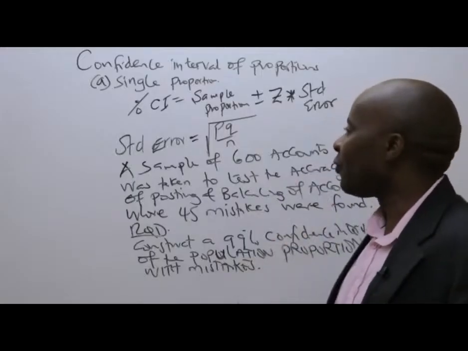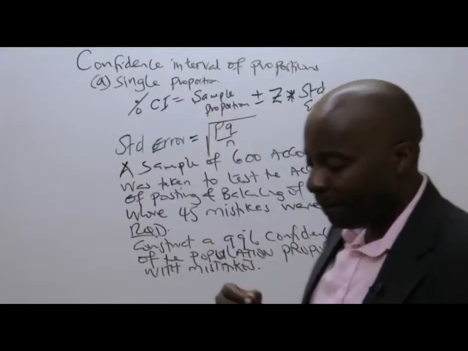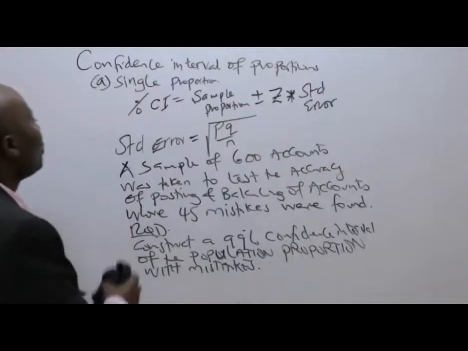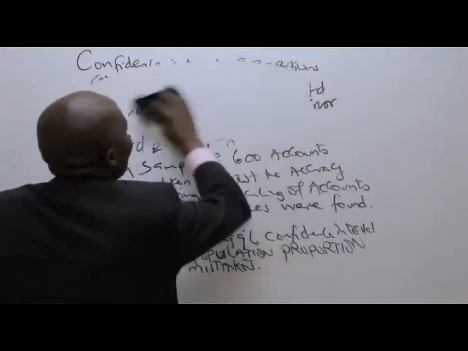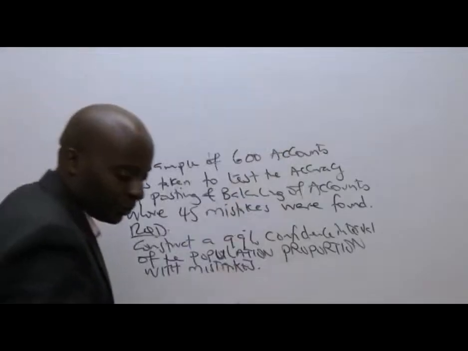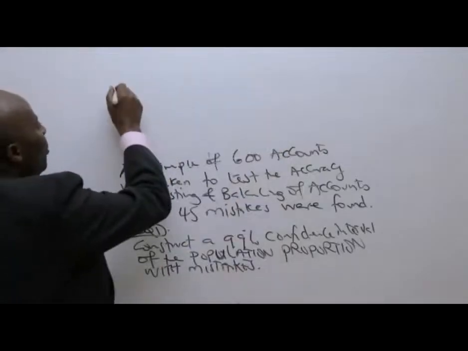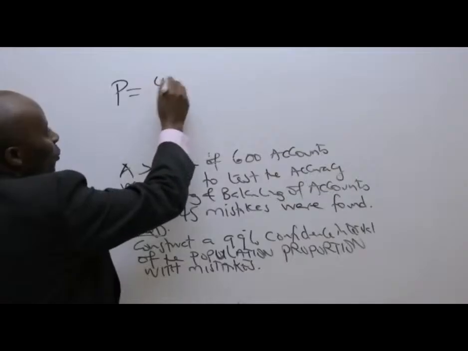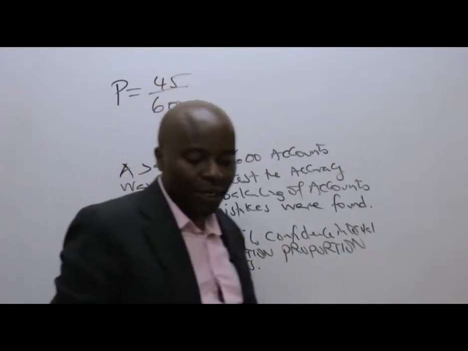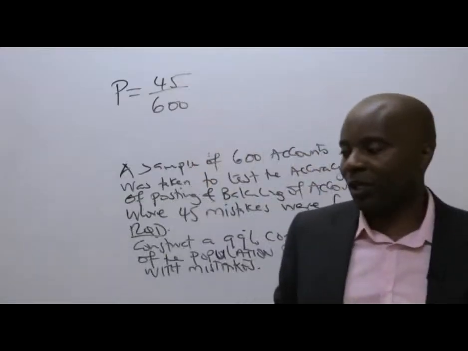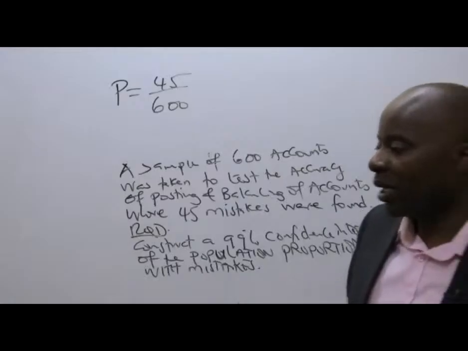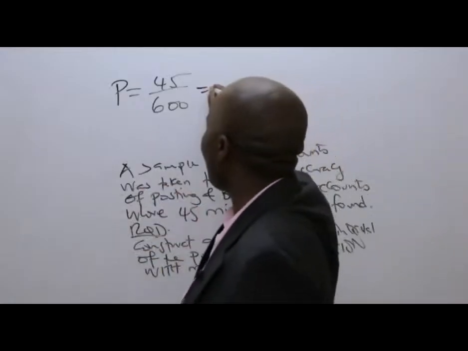So give me the sample proportion with mistakes. The sample proportion here will be 45 out of 600. What is 45 over 600? I can see a participant giving me 0.075.